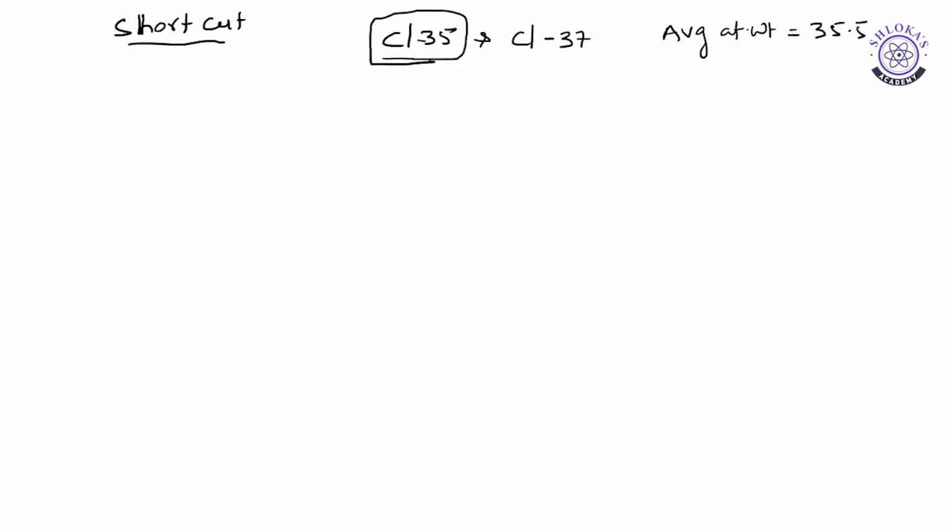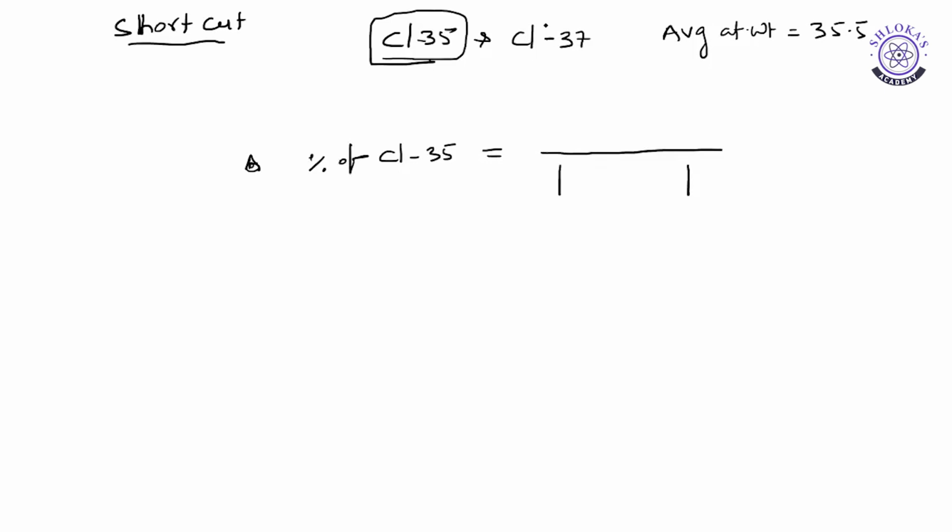This method is called the number line method. It is very famous in mathematics. Very simple. Here, percentage of chlorine 35 equals, very simple, always the denominator is the mod of the atomic weight difference of the 2 isotopes.